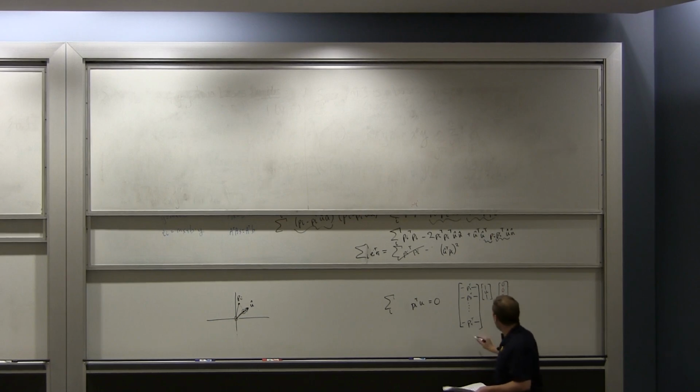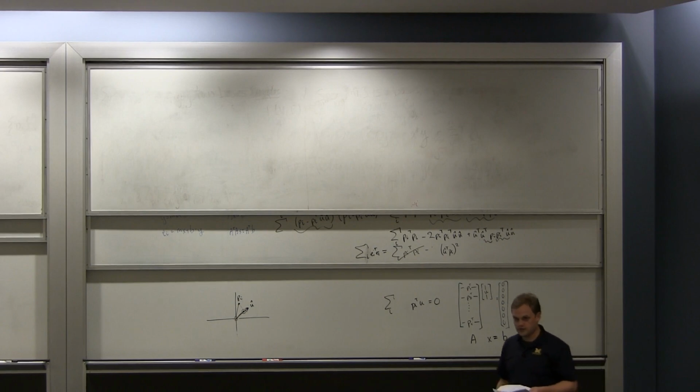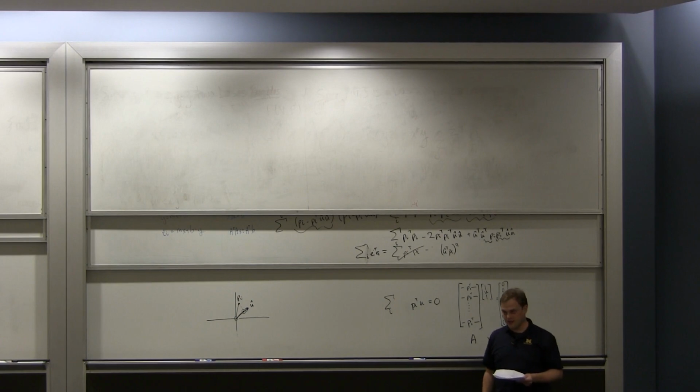So what we have now is an Ax equals b problem where b is the 0 vector. So can someone solve this problem in their head for me? x equals 0, right? Which is not a very good unit vector.